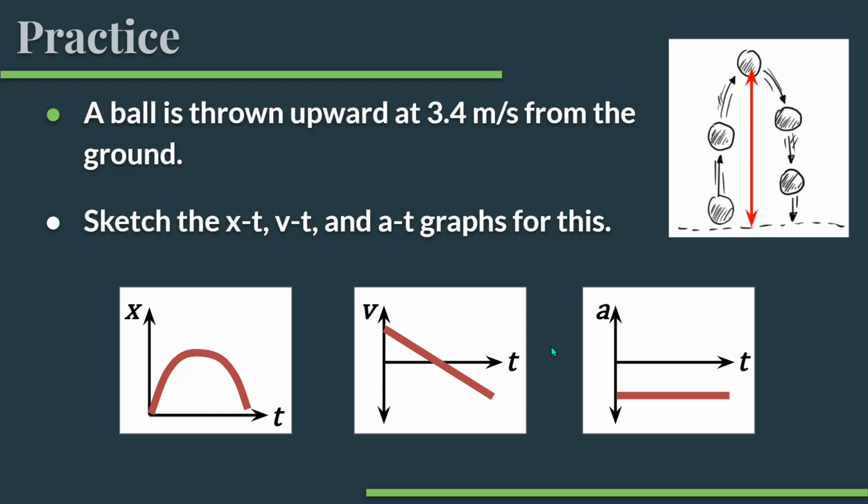In fact, if I wanted to number this, that's where this line would be, negative 9.8. Because I threw it with an initial velocity, it has an initial velocity and then it slows down, stops, and turns around. So it has positive 3.4, slows down to 0, and then speeds up as it falls.